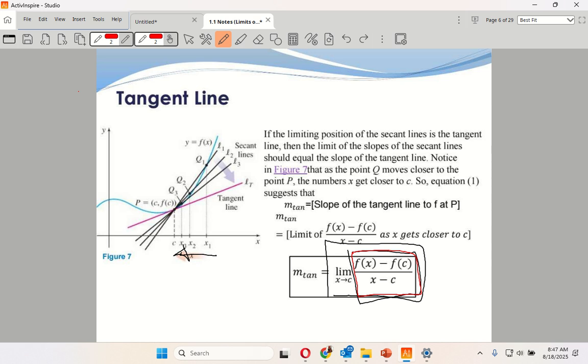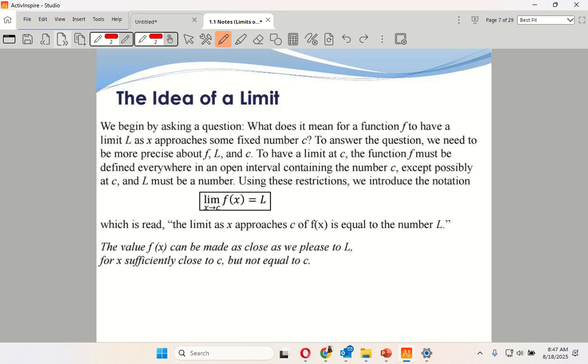So as x approaches c, those two numbers get closer and closer to the same number. That's what I'm trying to get to. So the definition, I'm getting to that point to figure out what the slope is. That's for the limit function.